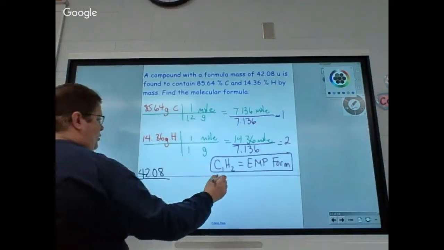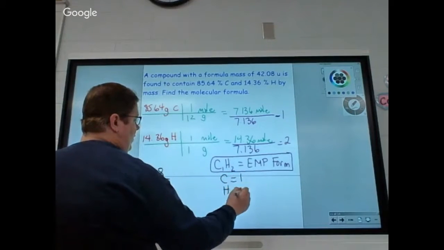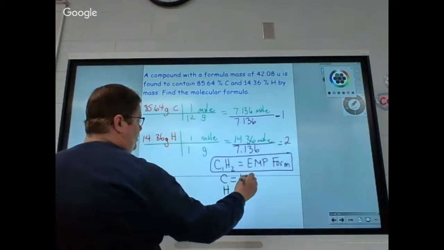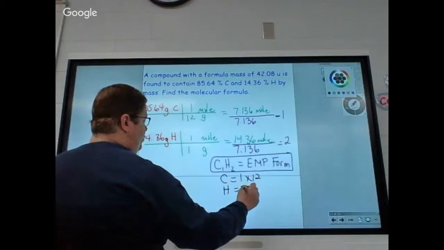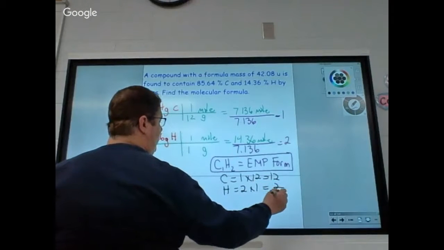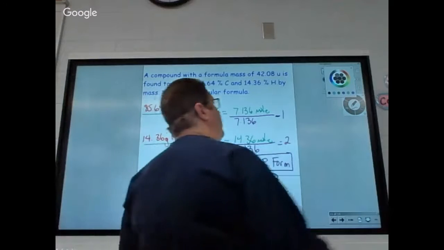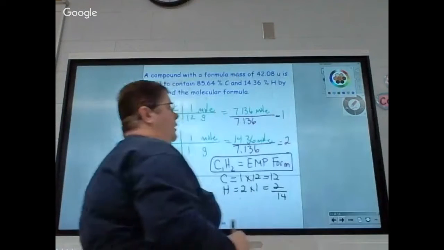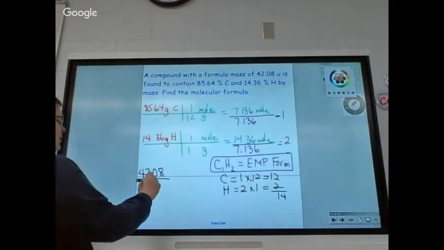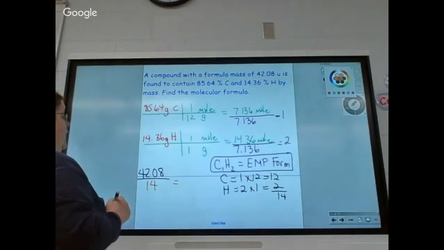The CH2, right? So how many C's do I have? And how many H's? So 1 times 12 and 2 times 1, you get 12 and 2 for a total of 14. All right, so where's that 14 going to go? Underneath. So 42.08 divided by 14 is what? 3.